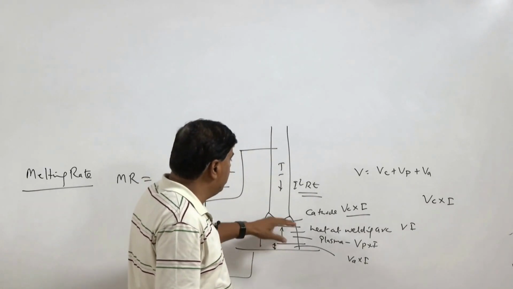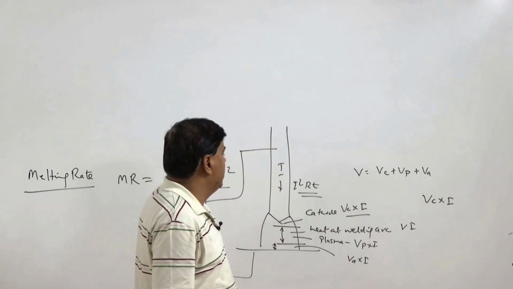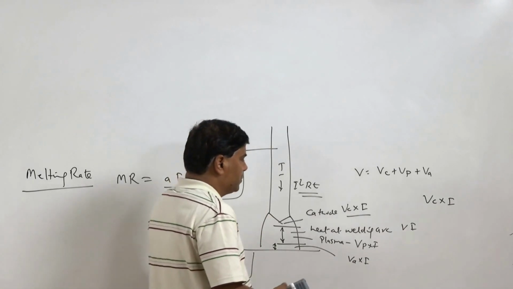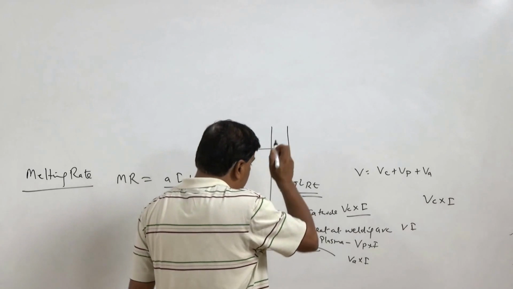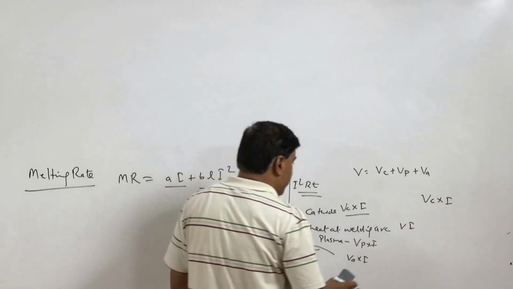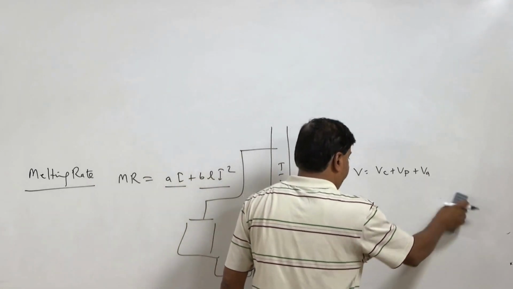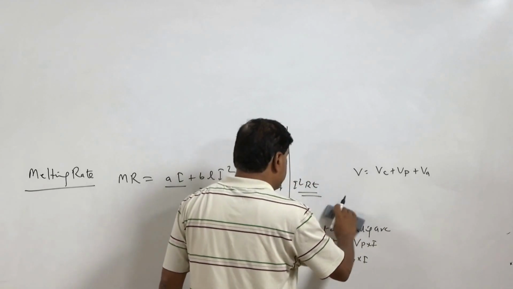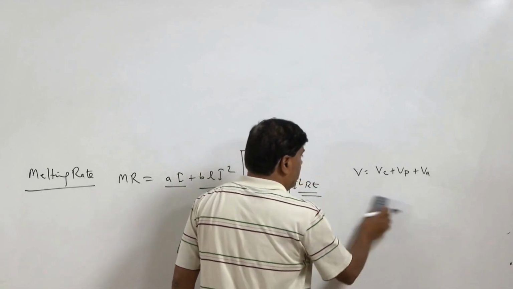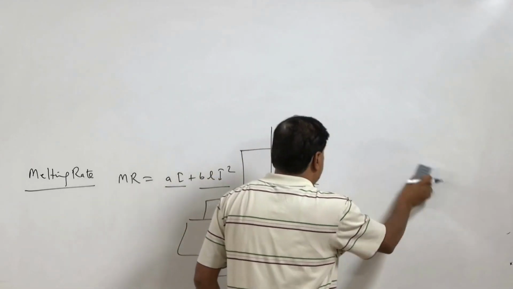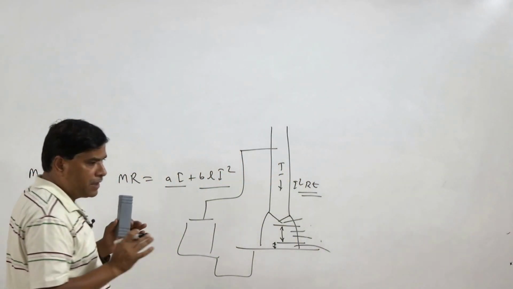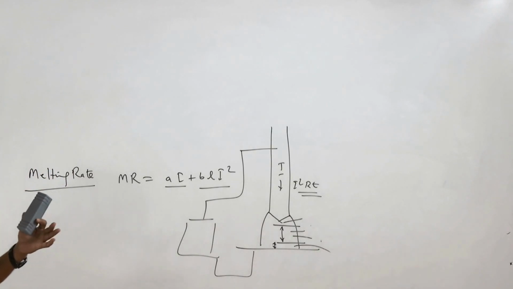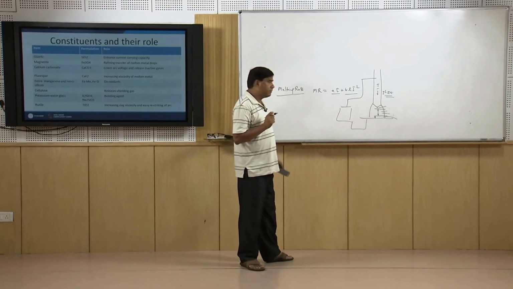But most of the electrode melting is attributed to the heat generated in the cathode drop zone. So there are two constituents related to heat generation, and this heat generation affects the melting rate of the electrode.